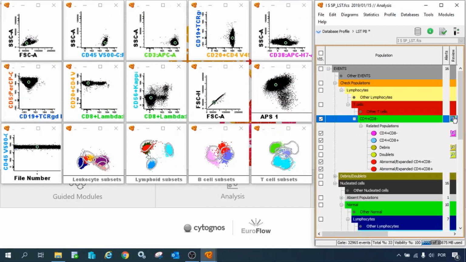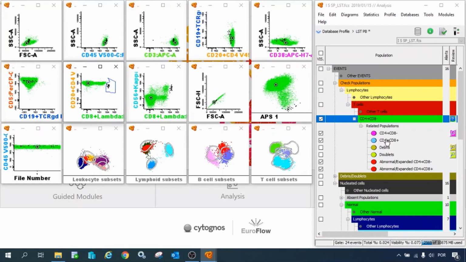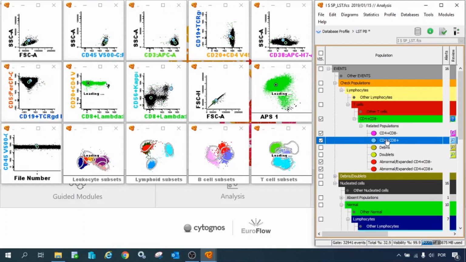And here you can see we have two different subsets. In fact, we have three different subsets because these very small subsets correspond to the truly double positive CD8, CD4 T cells. And the rest, these two, I will accept as CD4 positive, CD8 negative, even though this cluster here expresses dim CD8.